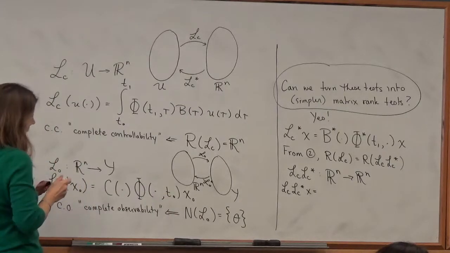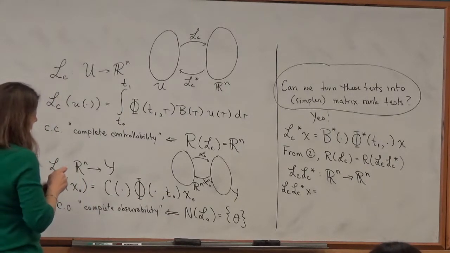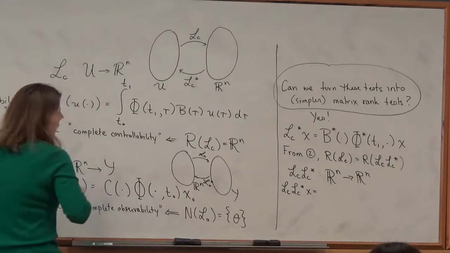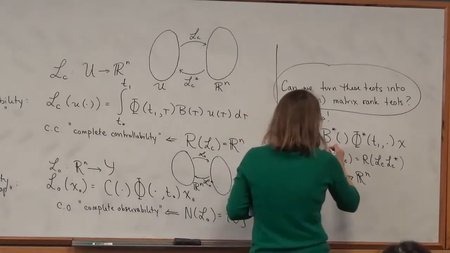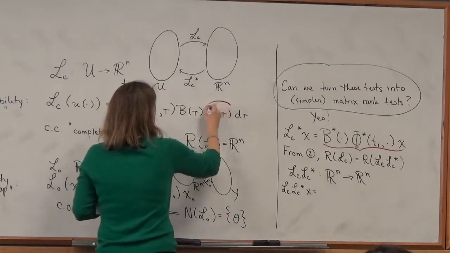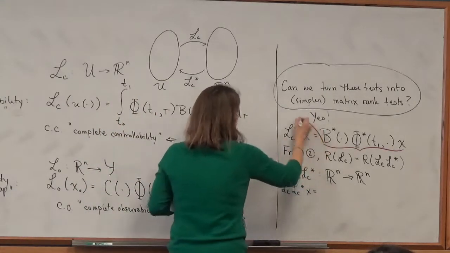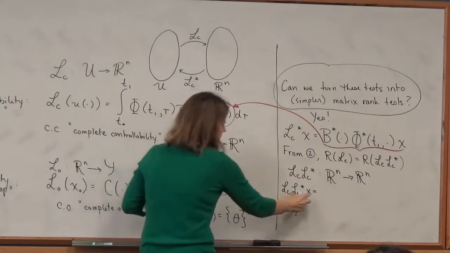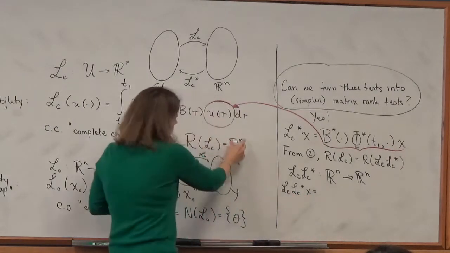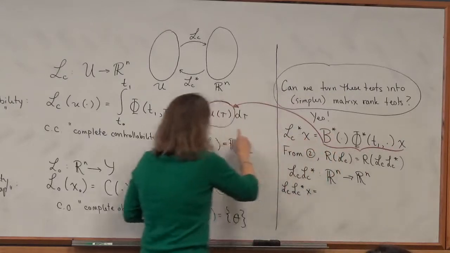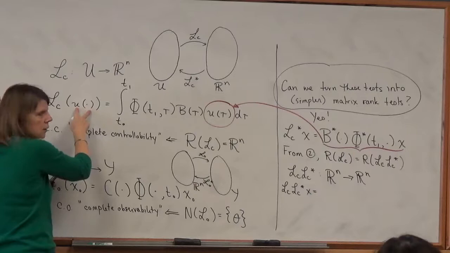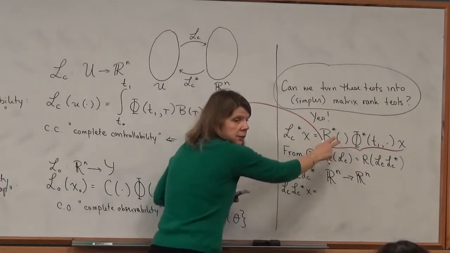Okay, sometimes I like to draw numbers, but you can also underline in different colors. So we're taking LC star x here, and I'm plugging this in to U here. I'm taking LC star x, and then applying LC to it. LC takes a function, so wherever I see U as a function, I'm going to plug in this function here.